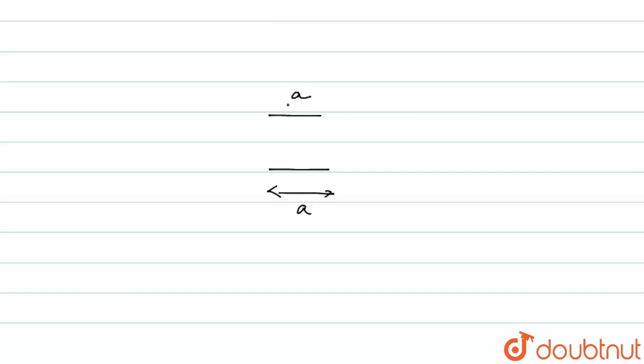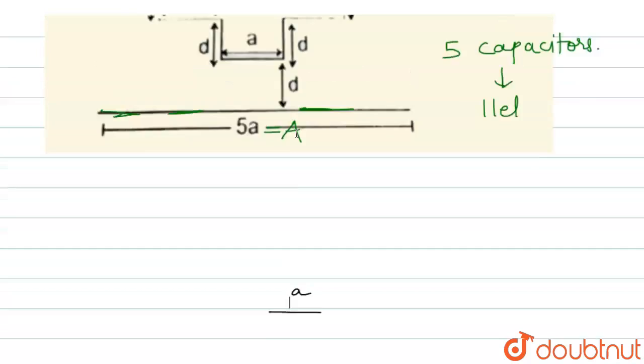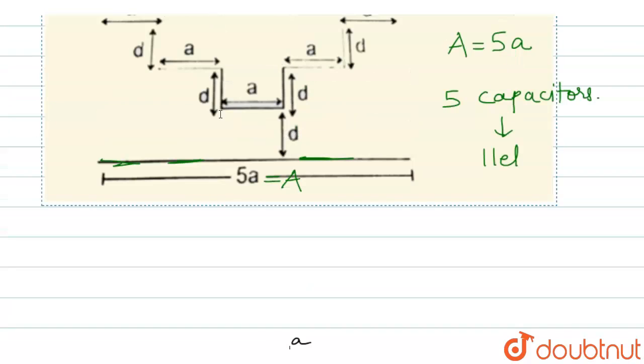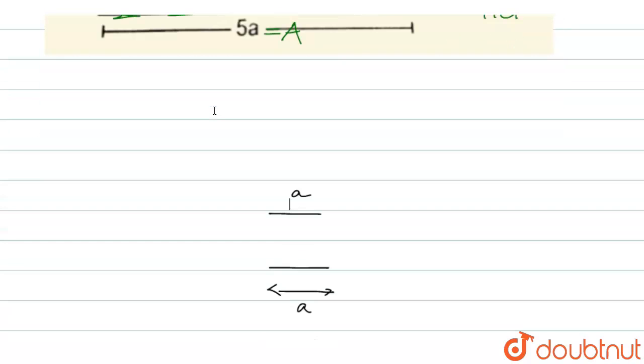Now going back to the figure again, the second capacitor will be at height d. So this is height d, this is height d, and again the plate has thickness a. Again height is d, again the plate has thickness a. And below these again a area is there. Again the symmetric structure on the right side.